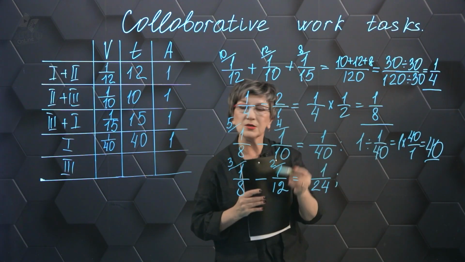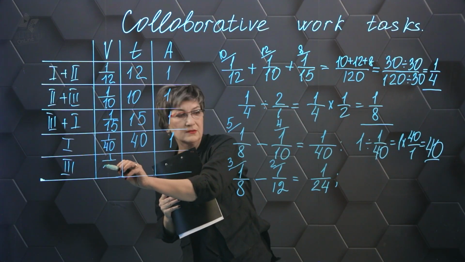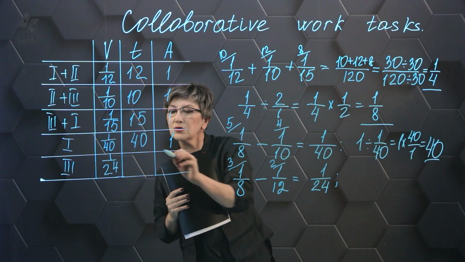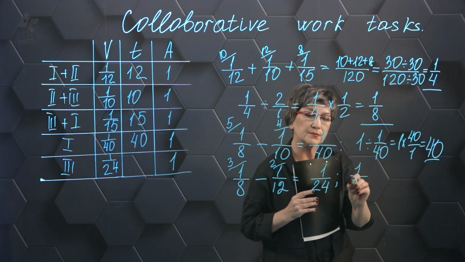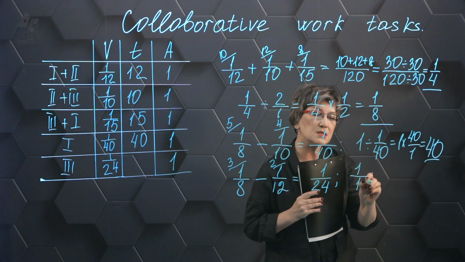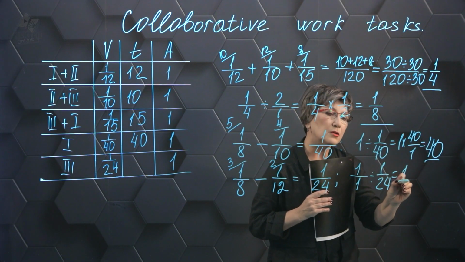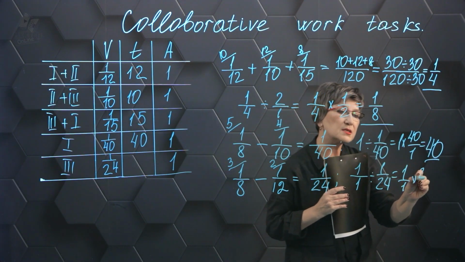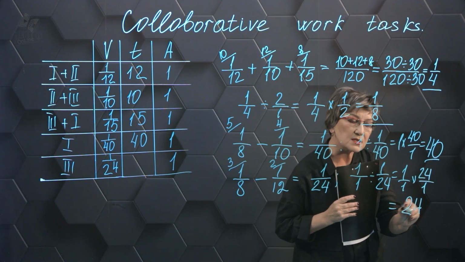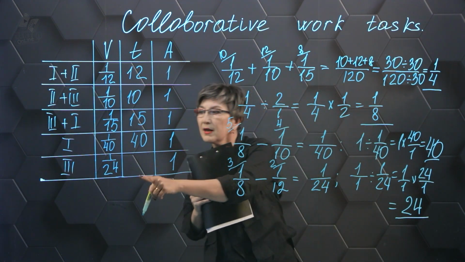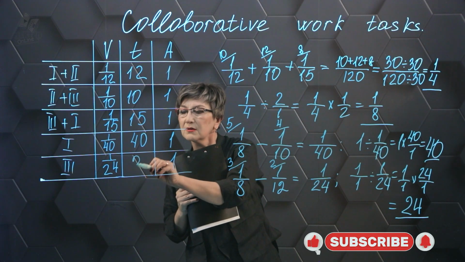Now let's find the time, the productivity of the third company is 1/24. 1 divided by 1/24, which is 1 times 24. And we get the answer, 24. The time it will take the third company to build this house is 24 months.